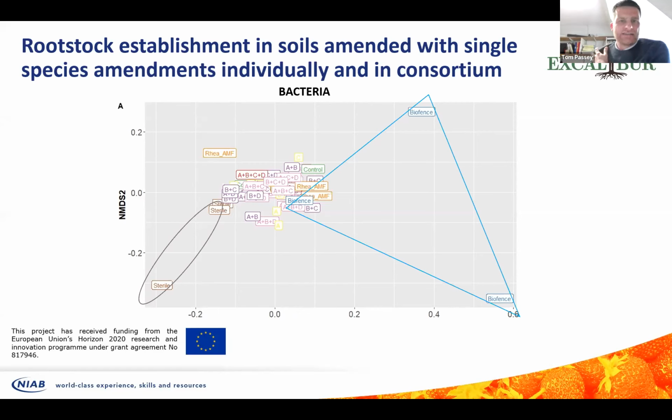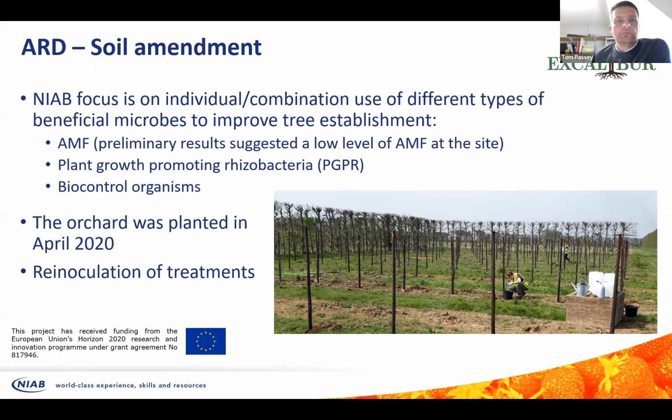The other trials, then, we're running are our field trials for this project, looking again at the use of individual or a combination of different beneficial microbes. This orchard was planted in April 2020, and one of the things we are looking at is how much some of the trees we are re-inoculating.